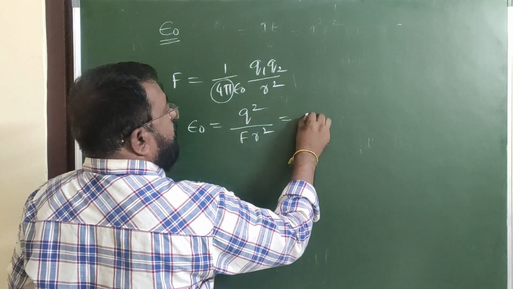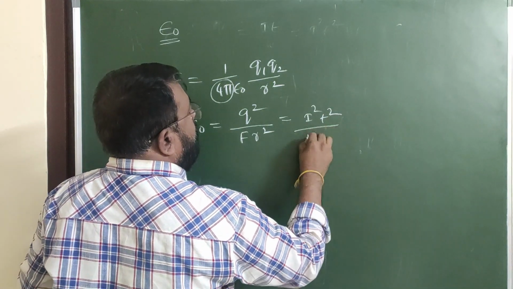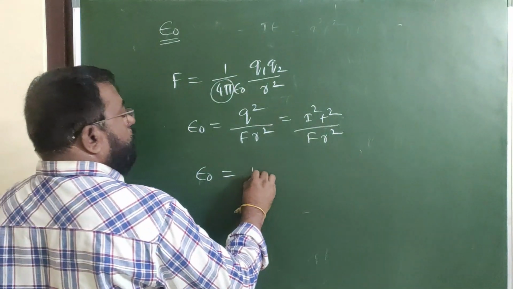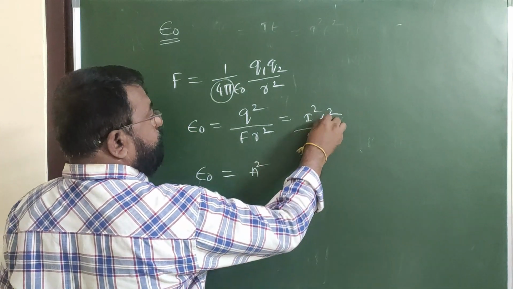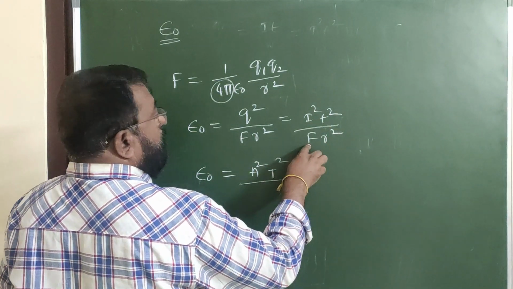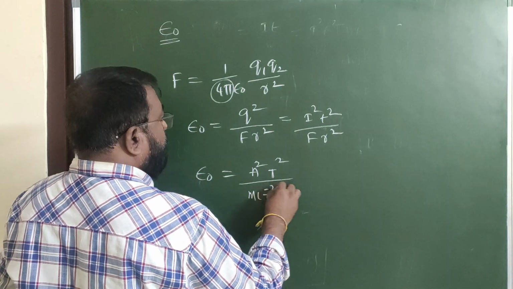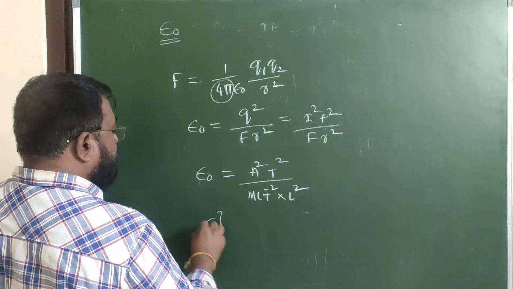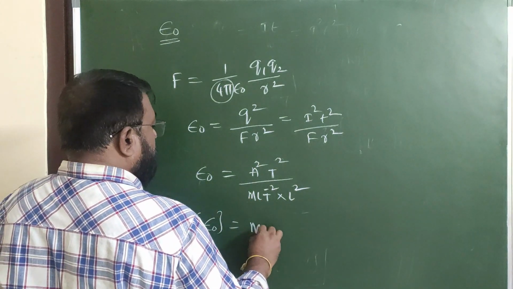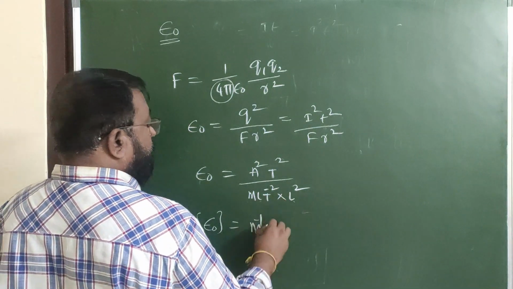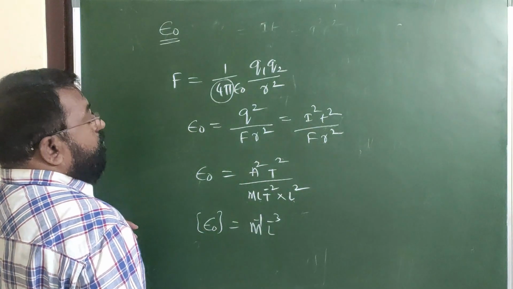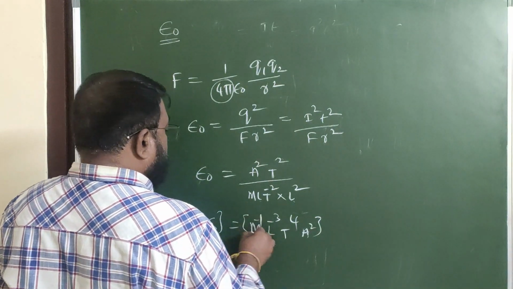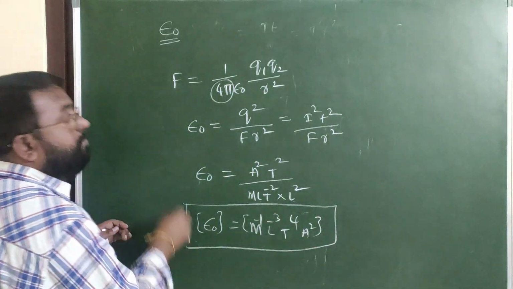Q is equal to I into T, so epsilon naught is I square T square by F into R square. Therefore, epsilon naught is equal to current A square, T square, and force M L T to the power of minus 2, R is the distance, L square. This becomes epsilon naught is equal to M to the power of minus 1, L to the power of minus 3, T to the power of 4, A square. This is the dimensional formula for epsilon.